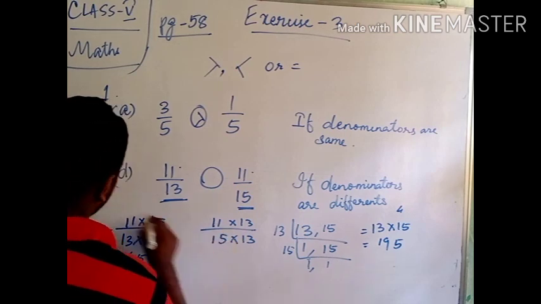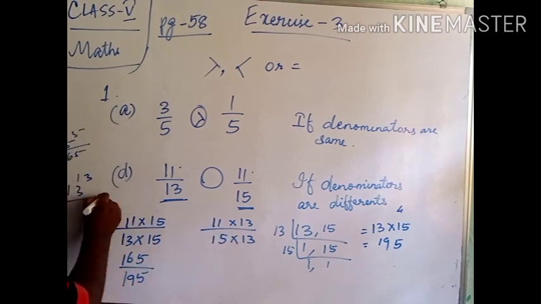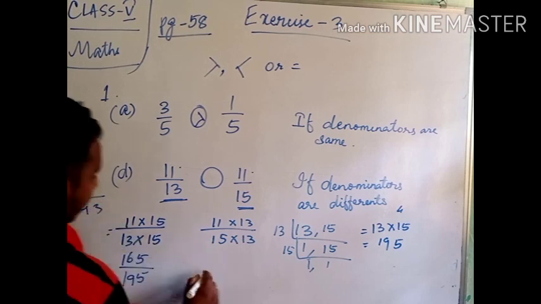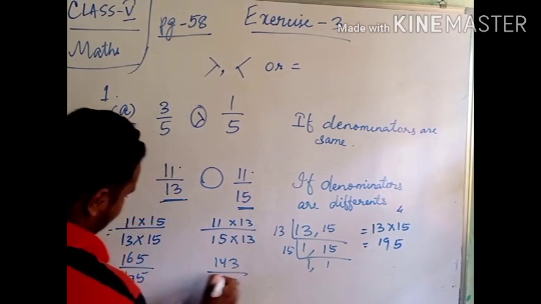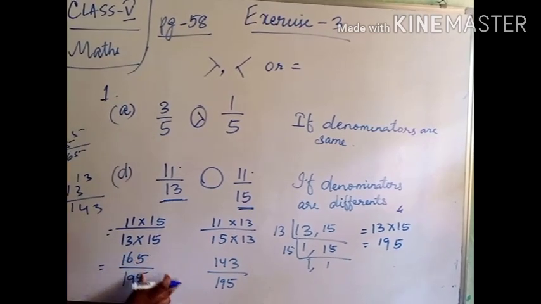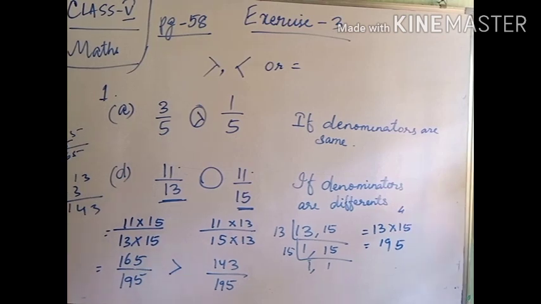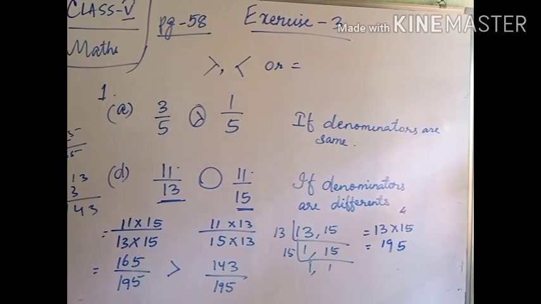Similarly 143 by 195. Now which one is bigger? This one is bigger. Same denominators. Now this one is bigger, so you will put the sign like this. Clear? Understood how you have to do it?